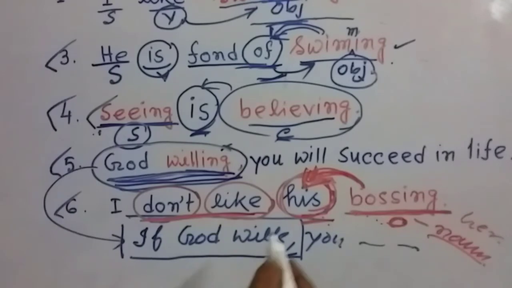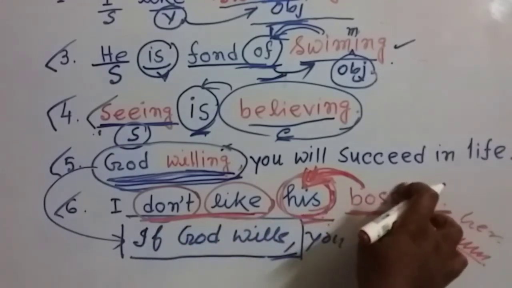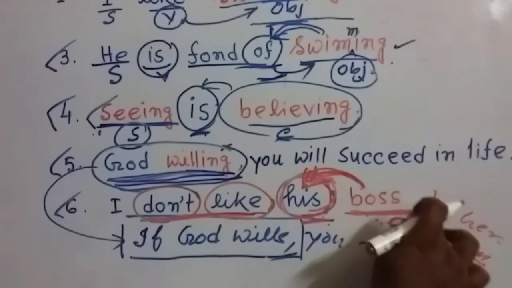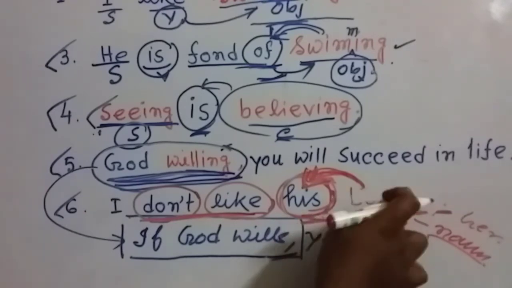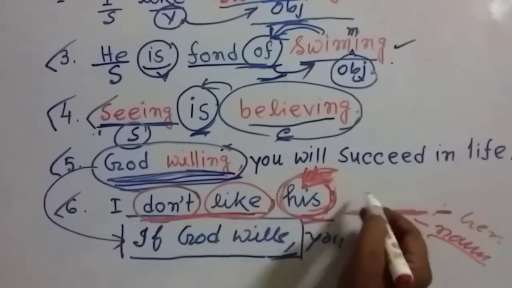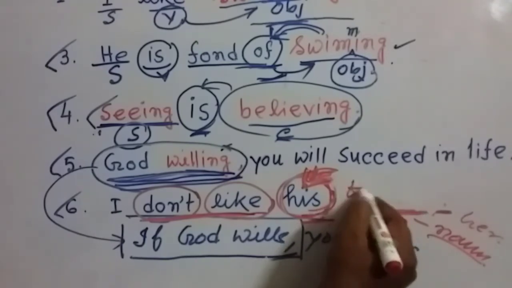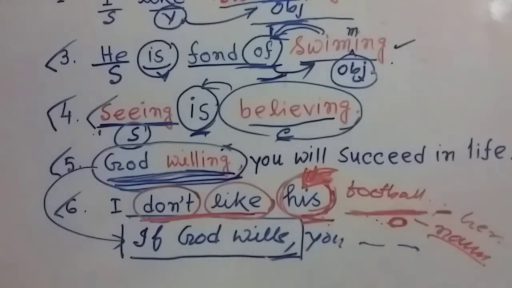We cannot write "I don't like his" with only the present form of the verb, or any other noun here. It will be mismatched. You can see if I write down football, do you think, my dear friend, this sentence is natural or meaningful? No, this sentence is not meaningful.